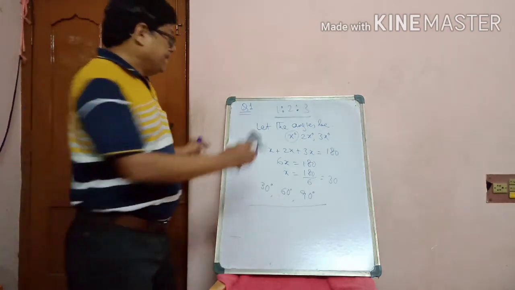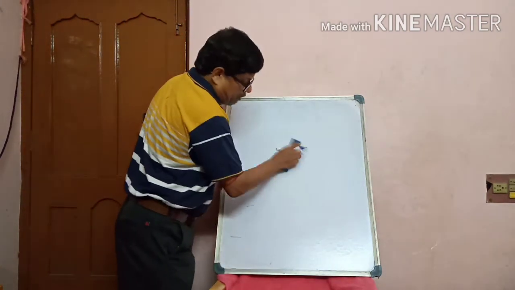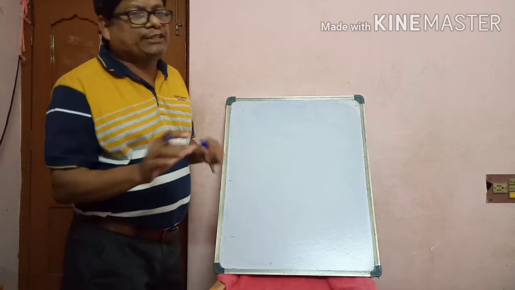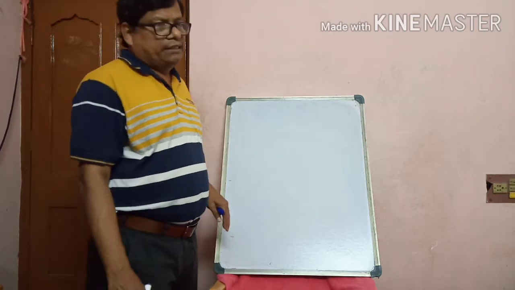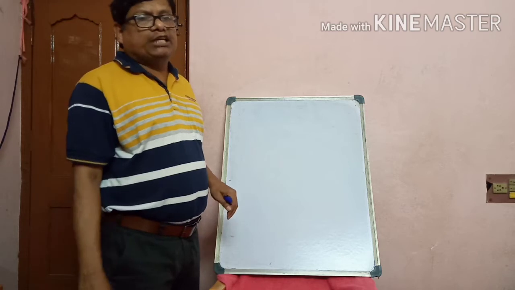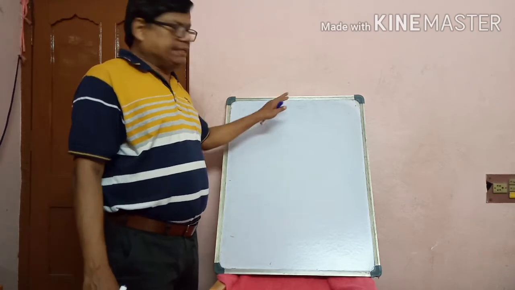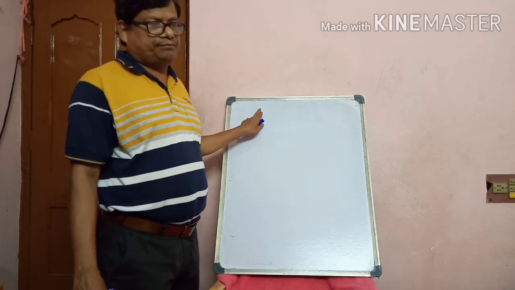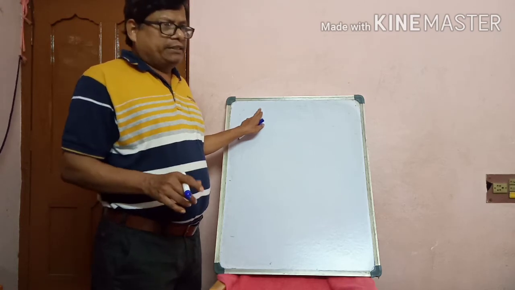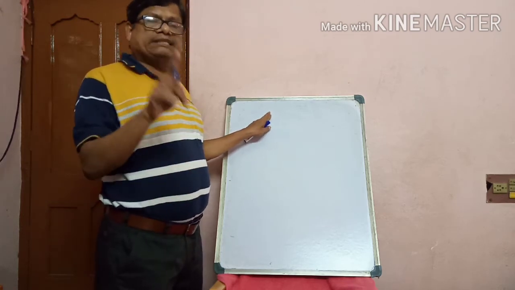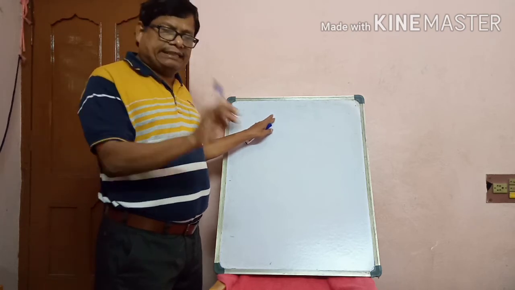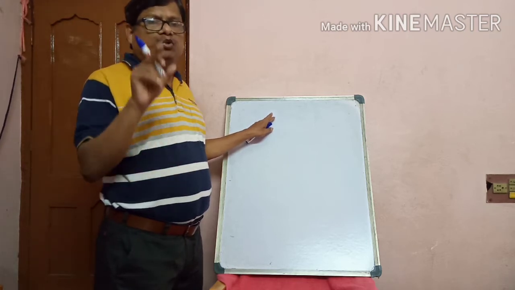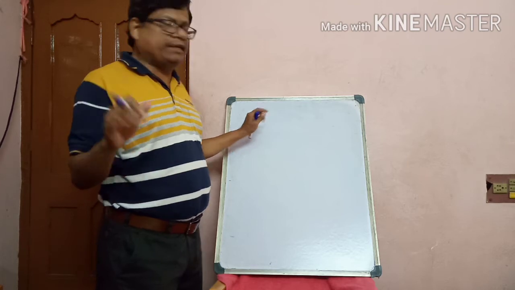Okay, next. In the first I have discussed, if any side of a triangle is extended, then the exterior angle is equal to the sum of the two opposite interior angles. In a triangle, if we extend any one side, then the exterior angle is equal to the sum of two opposite interior angles.